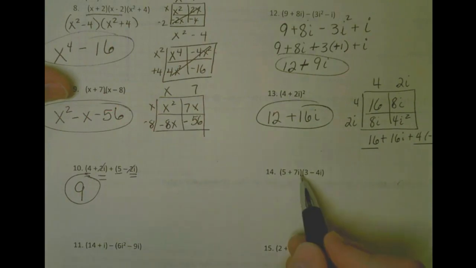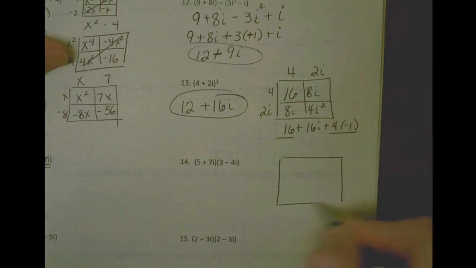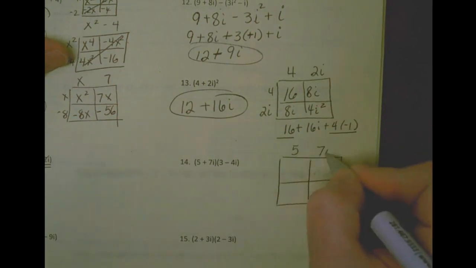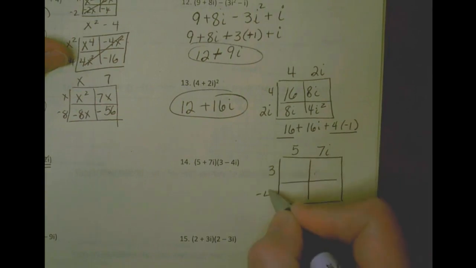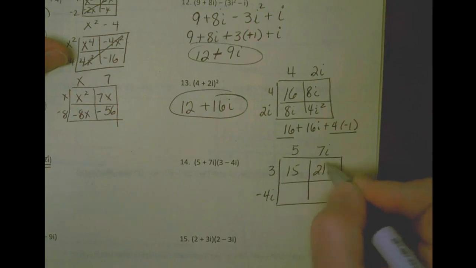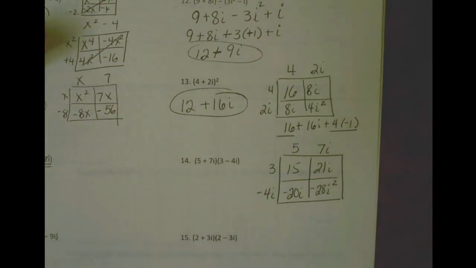This does not have an adding or subtracting sign in between, so it is a box problem. 15, 21i, minus 20i, minus 28i squared.